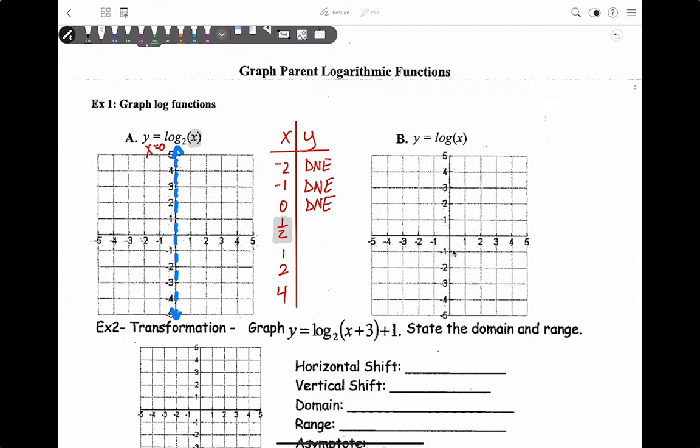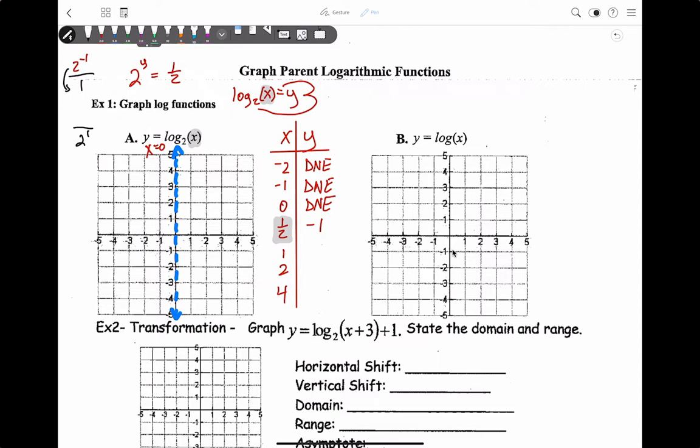Again, if I use the reverse method, let me show you real quick. Log base 2 of x is equal to y. I'm plugging in the value of 1/2. That's the same as saying 2 to the power of y is equal to 1/2. So 2 to the power of something would give me 1/2. And that would be a -1, because 2 to the -1 is understood to be 1 over 2 to the 1. It could be written as 2 to the +1 if I move it downstairs.